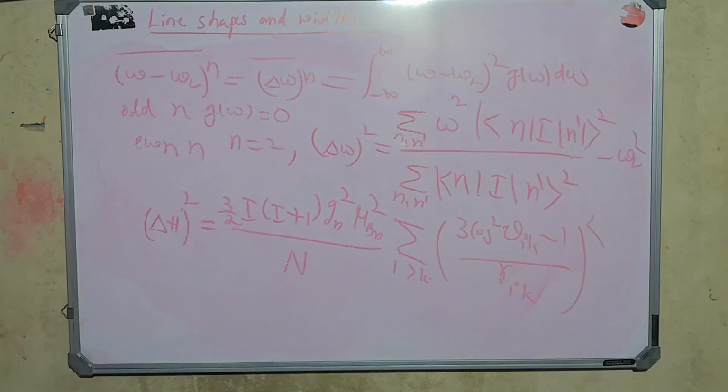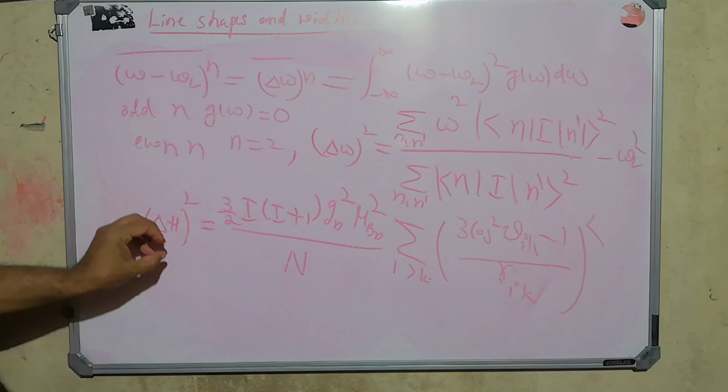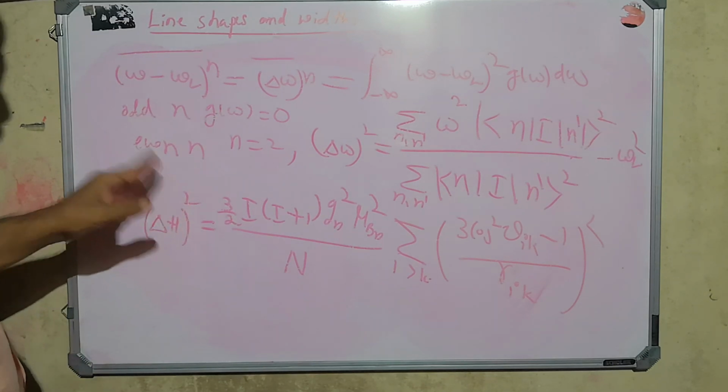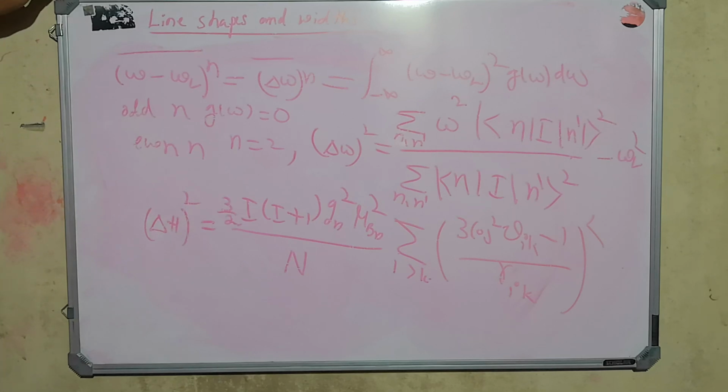See here in this expression, this is the local field at the magnetic moment for n is equal to 2.